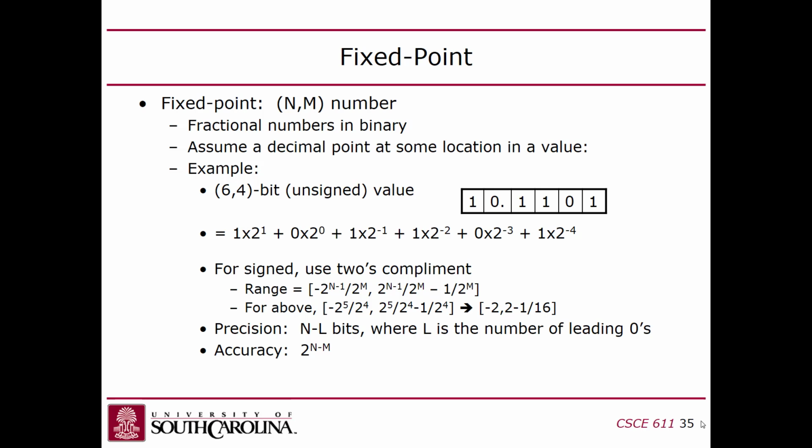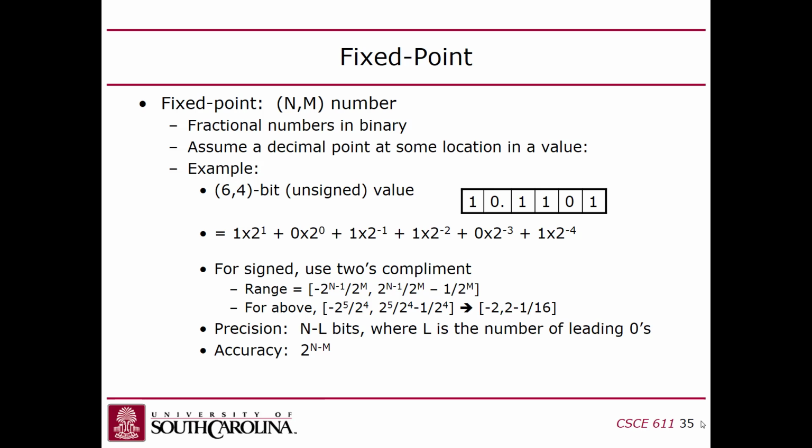And then for the lower end of the range, it's just negative 2 to the m minus 1, right? Makes sense? Here I have negative 2 to the n minus 1 divided by 2 to the m, which is equivalent to saying negative 2 to the n minus m minus 1, right? By having that divisor there. Any questions? OK.